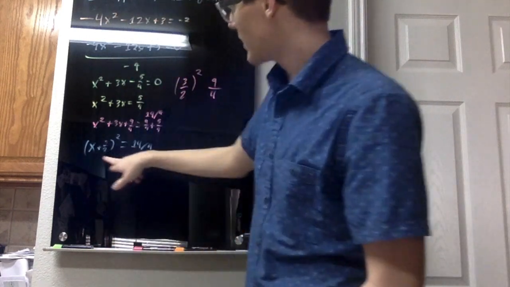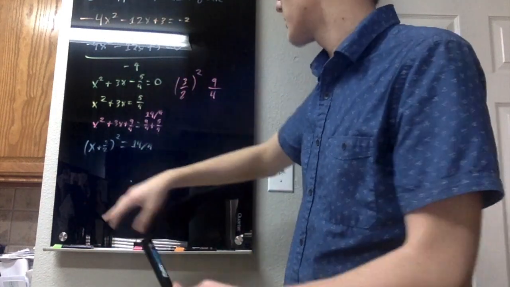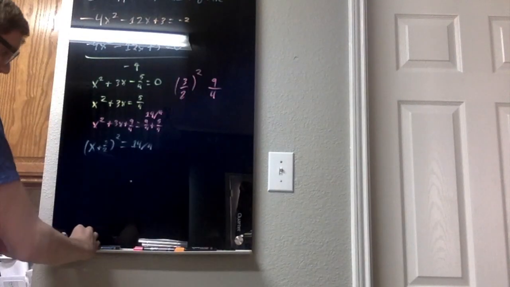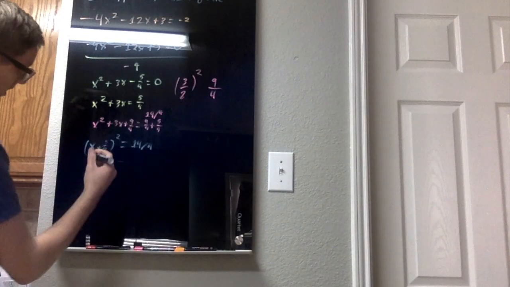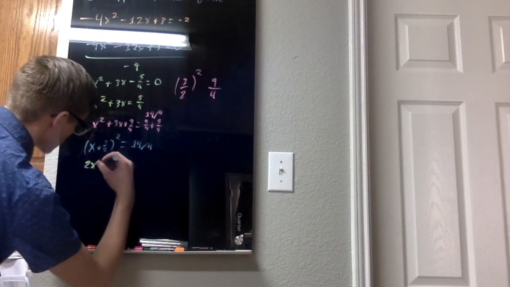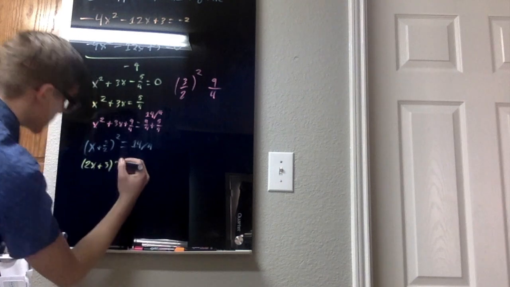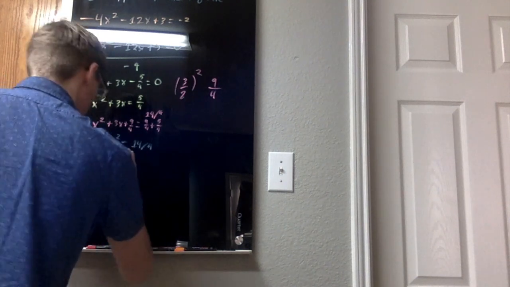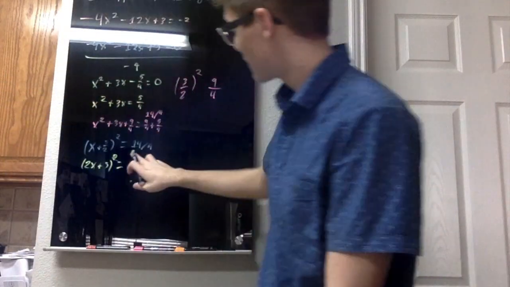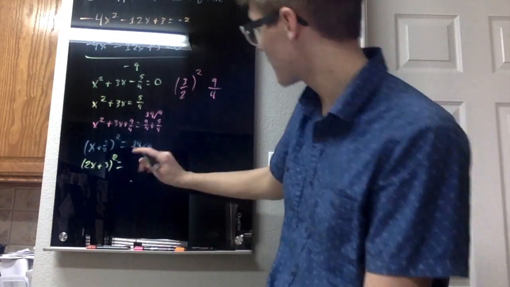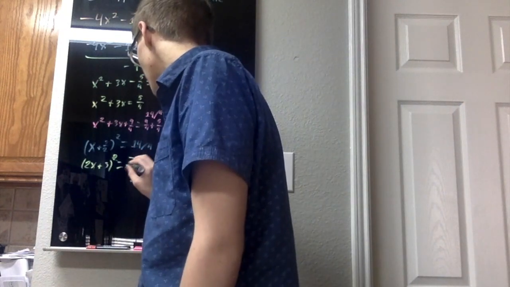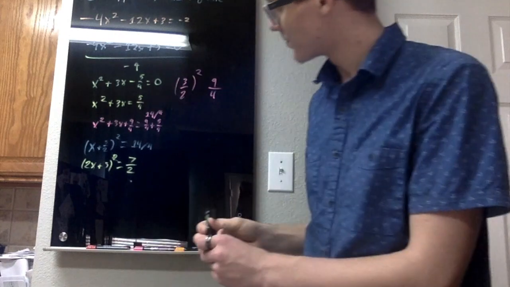Now, with x plus 3 over 2 squared, we can simplify this to 2x plus 3, because it is a fraction. And 14 over 4 can simplify to 7 over 2.